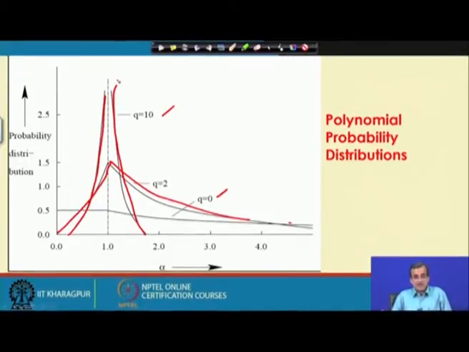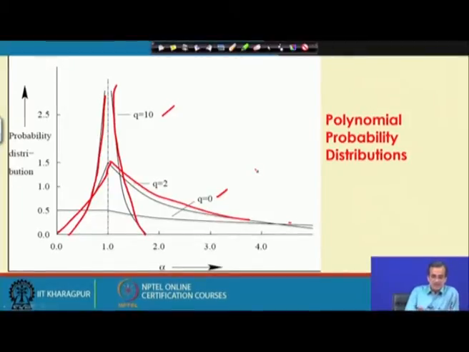Now, why do we select this type of polynomial distribution? There is actually a reason behind the selection of this type of polynomial distribution. The reason is as follows. If I take q equal to 0 or a small value, the children solutions will be widely distributed.